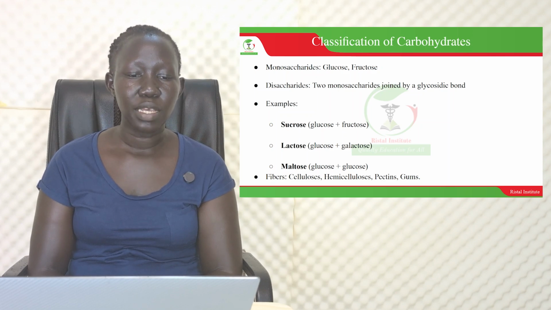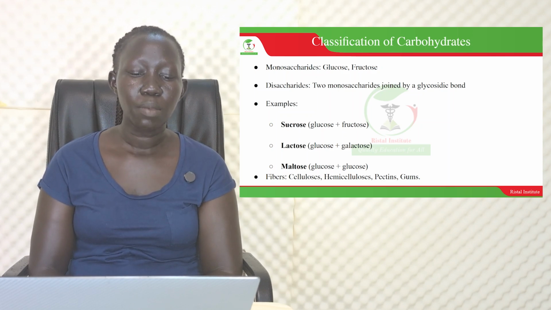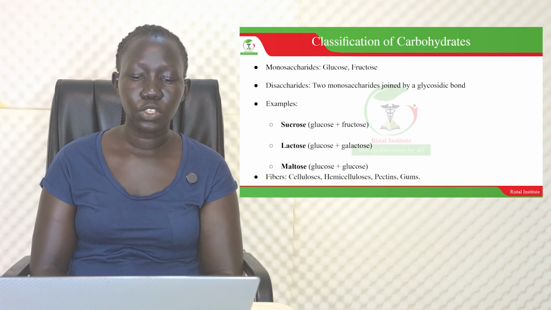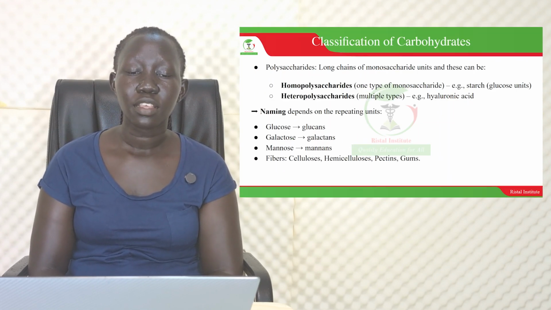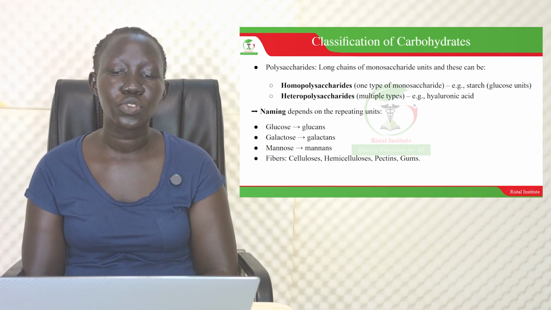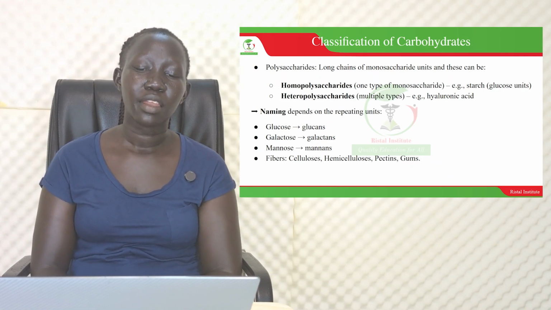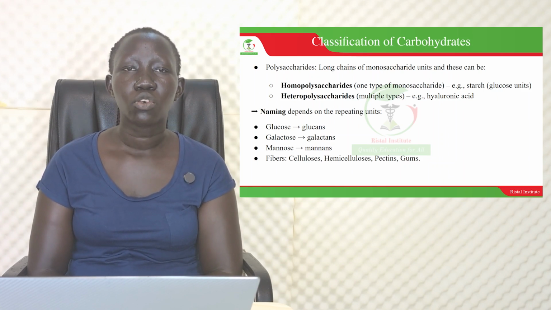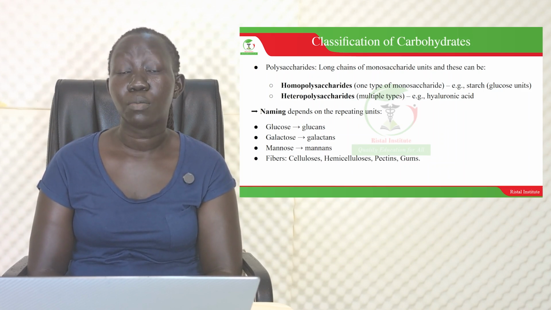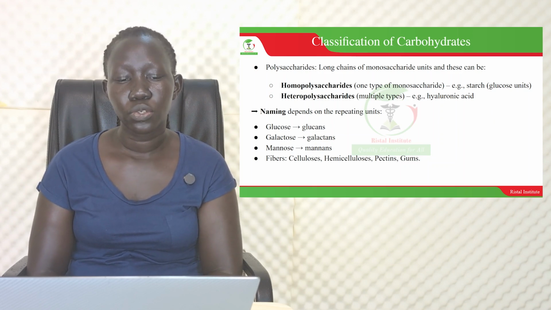And we also have fibers. Fibers include cellulose, hemicellulose, pectins, and gums. Polysaccharides constitute long chains of monosaccharide units, and we can have two categories, that is, the homopolysaccharides that contain one type of monosaccharide, for example, starch, containing glucose units.